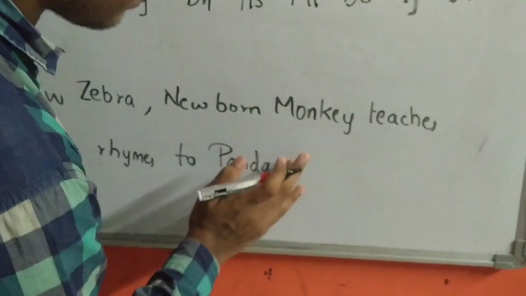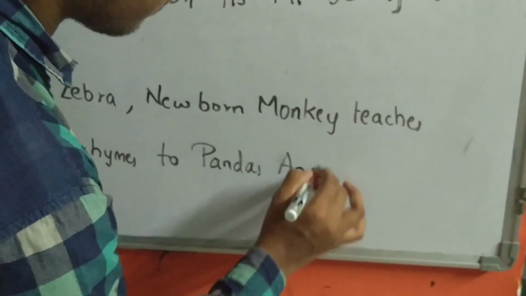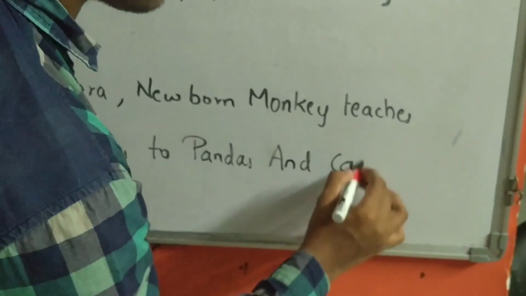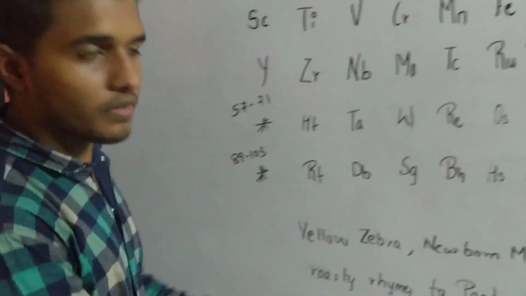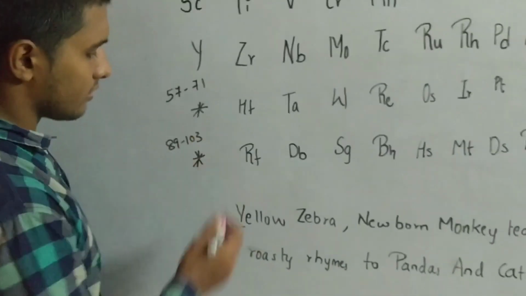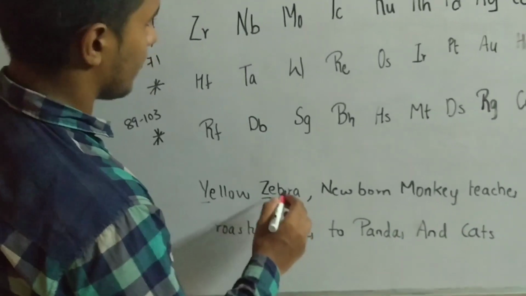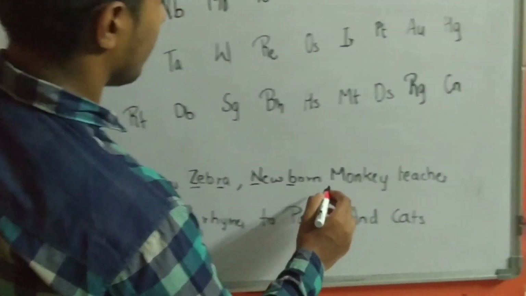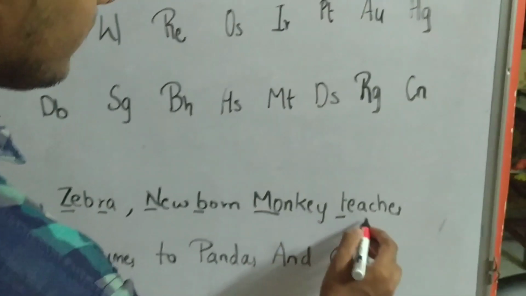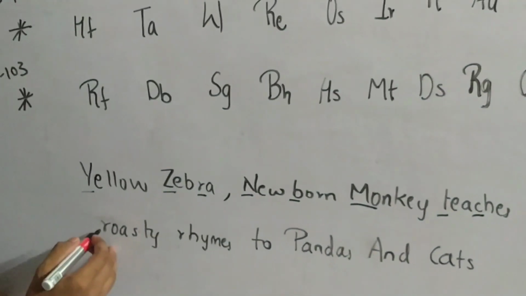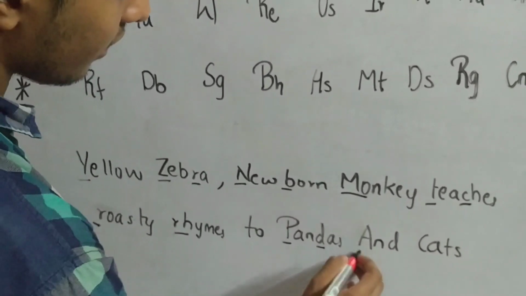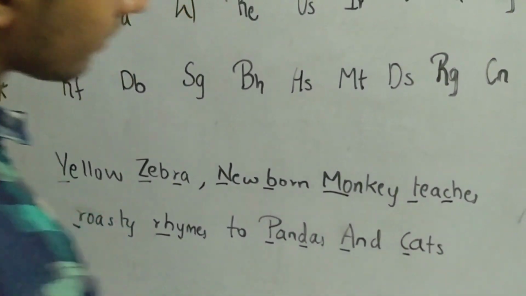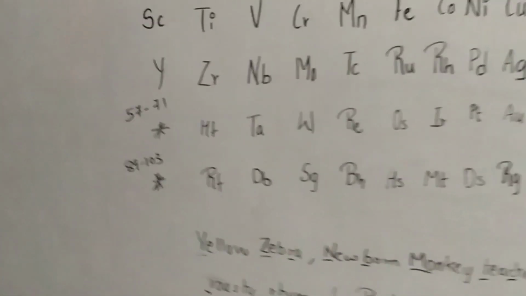I am not writing symbols, I am writing words itself. So in this block I have brought the animals zoo field. So Y defines here Zr, Nb, Mo, Tc, Ru, Rh, Pd, Ag, Cd.